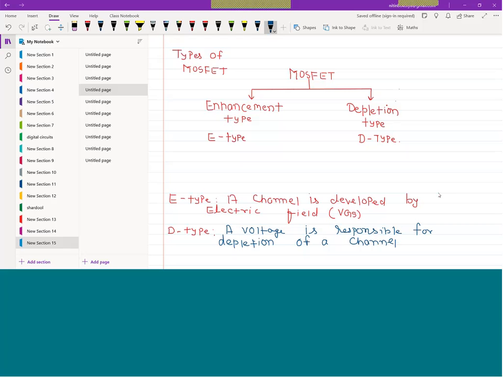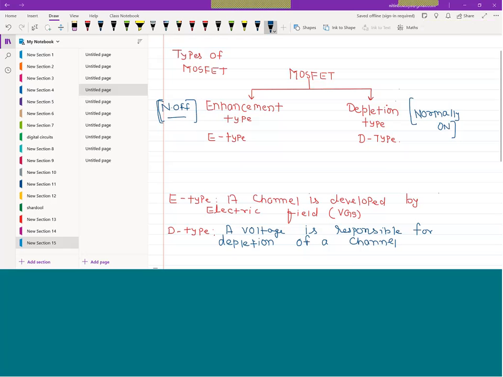These are known as normally on MOSFETs, because a fully developed channel is available, and the enhancement type is known as normally off. So these are the two types of MOSFET available, normally off and normally on.